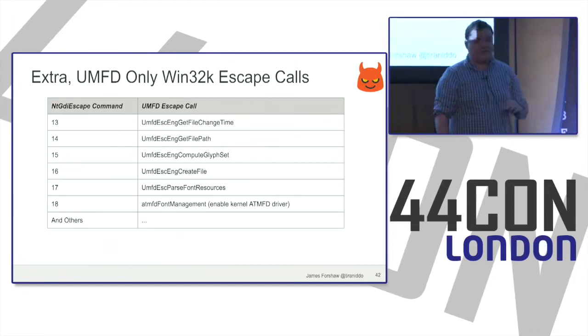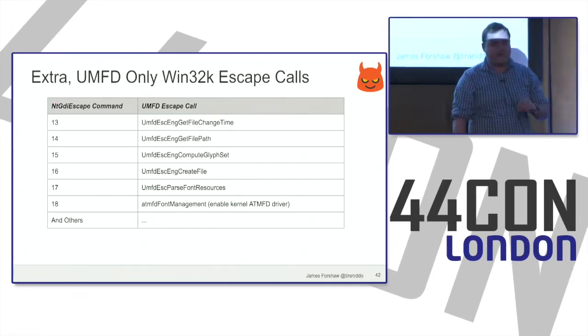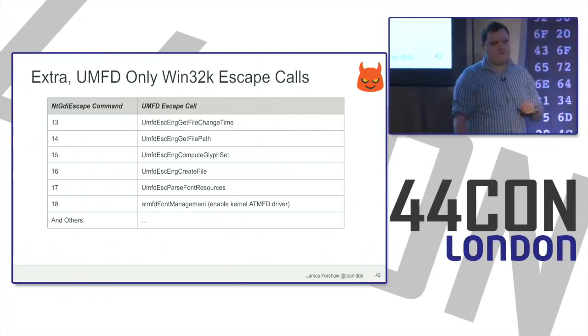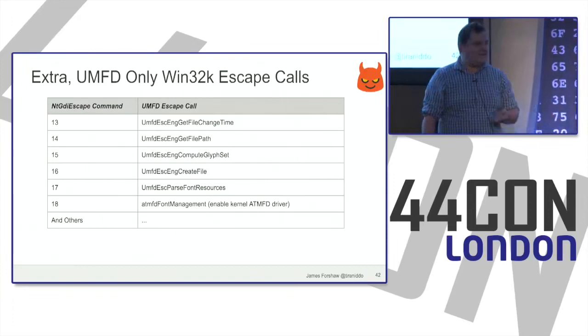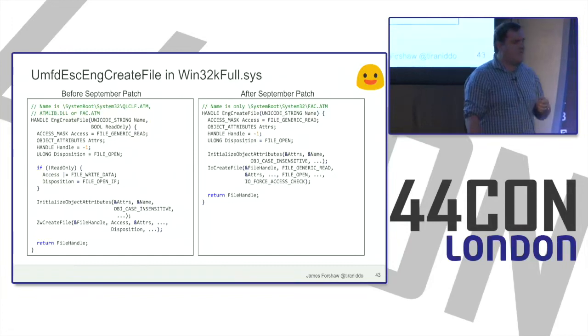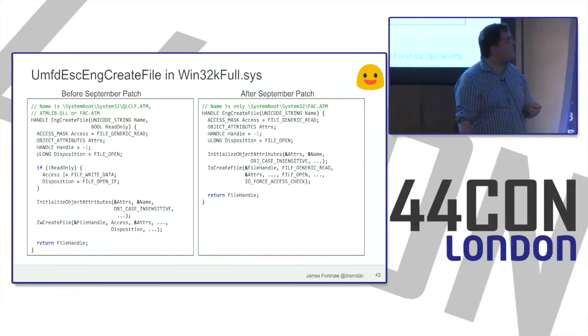And there were various different user mode font driver specific Win32K escape calls. And one particularly caught my eye, just because it has the name create file. Before the September patch, it was basically an arbitrary file exploit.